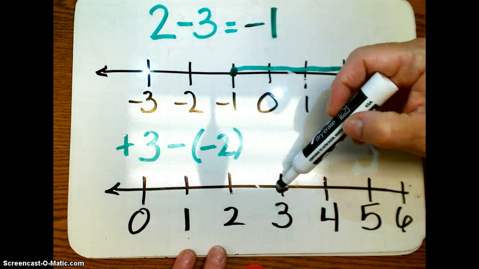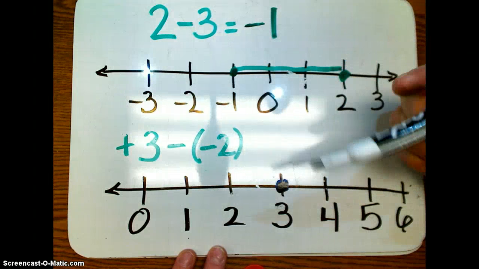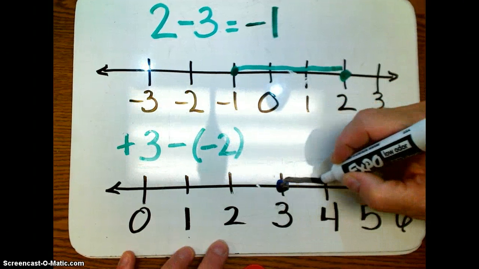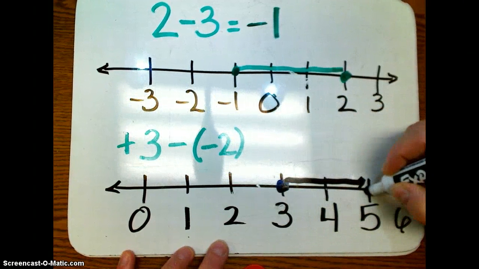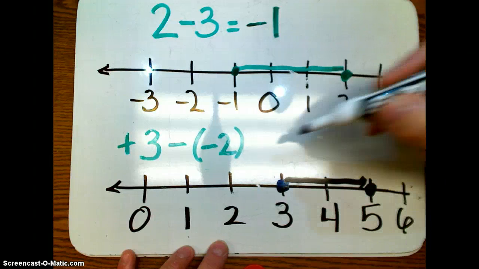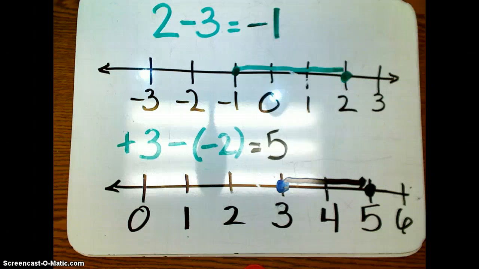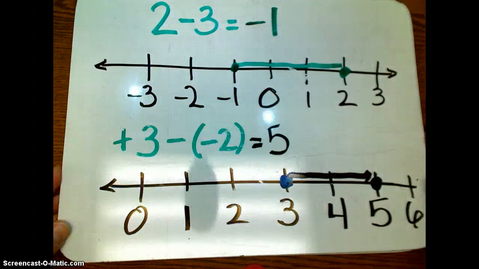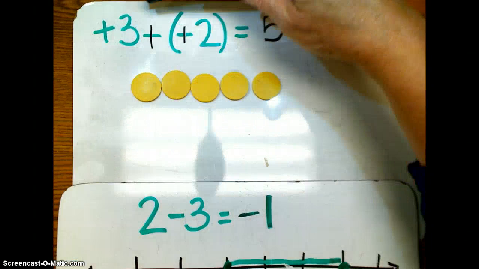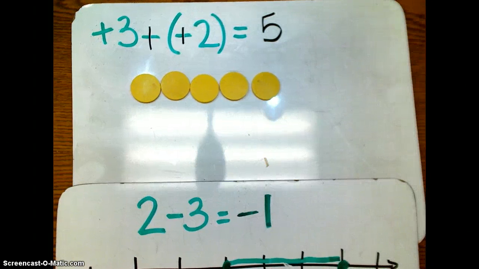Instead of going this way, I'm now going to go in the opposite direction. The opposite direction of negative 2 is positive 2. And I would land on 5. And so you're going the opposite way on the number line, and you are adding the opposite with chips.